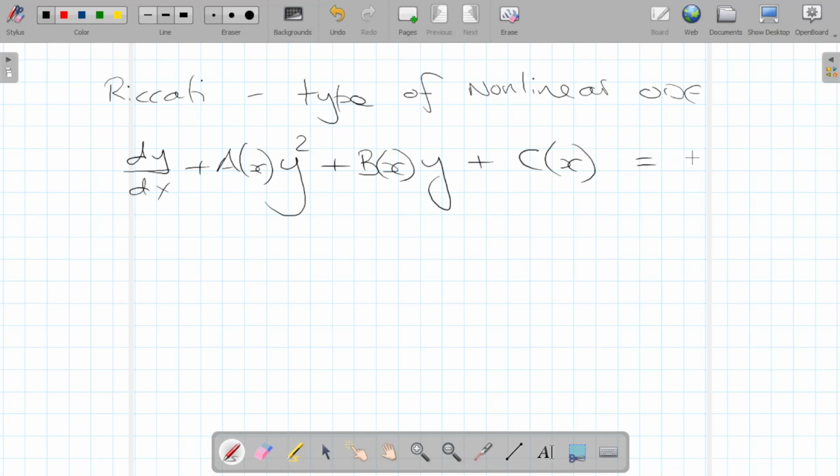And that's usually equal to 0. So this is a type of equation with which we are dealing. We'll call that equation 1.